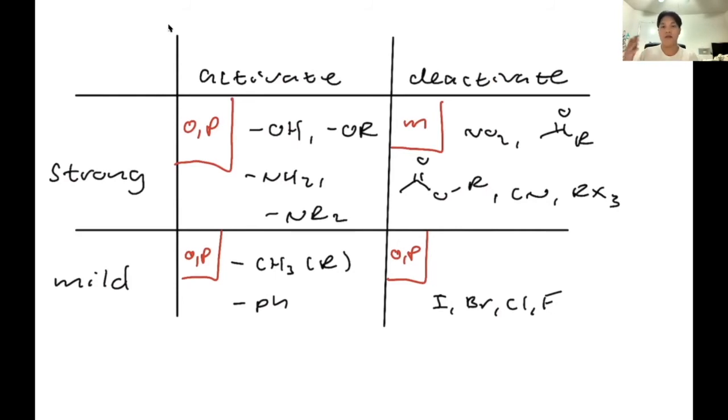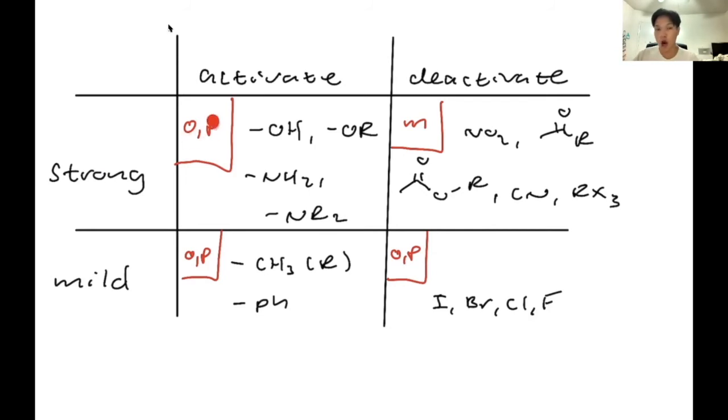So it's either a full or a partial. Think of it like that, where a strong one would fully donate a negative, making it super activated, whereas a mild one would just make it like a delta positive or a delta negative, depending on if it's activating or deactivating.